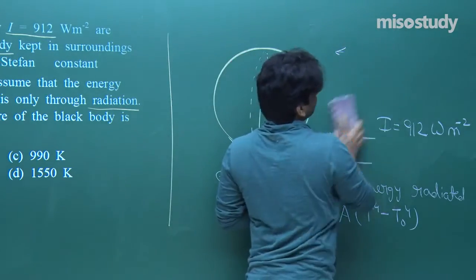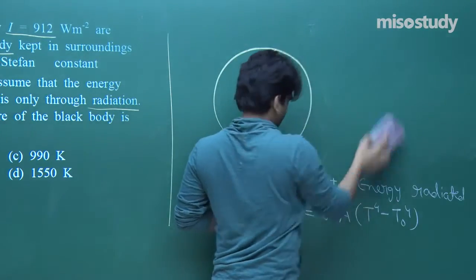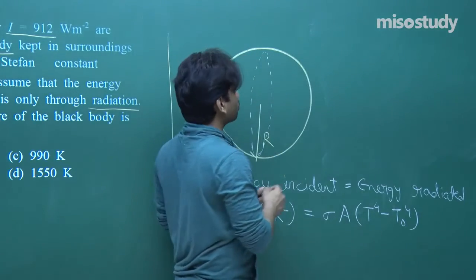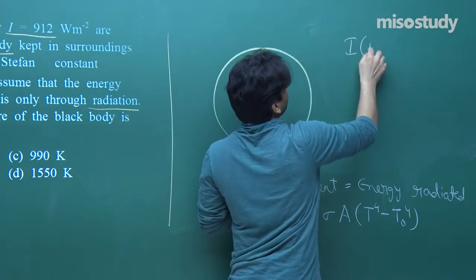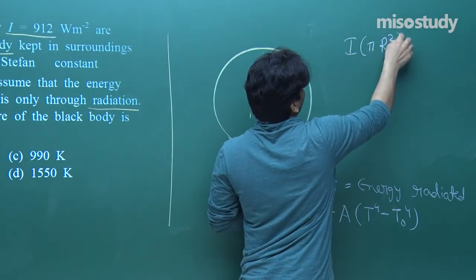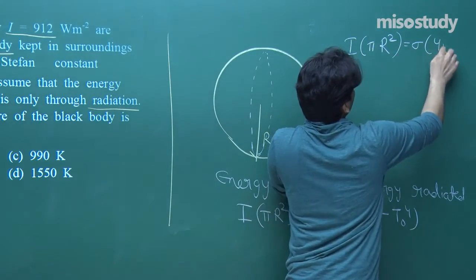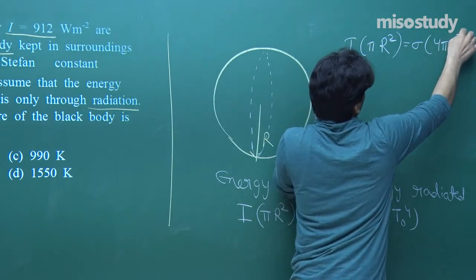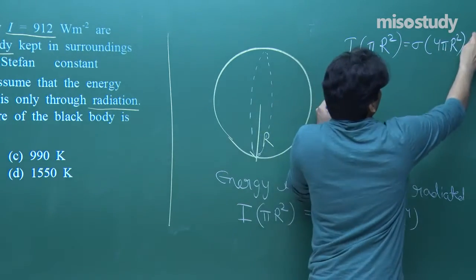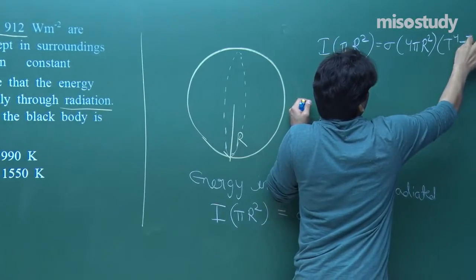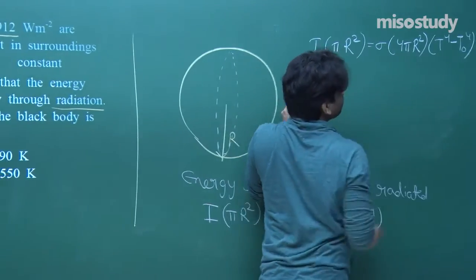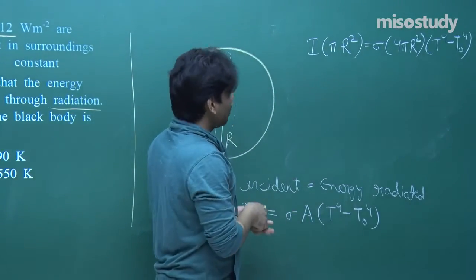Let me write here I into pi r square, which will be equal to sigma into 4 pi r square multiplied by T to the power 4 minus T naught to the power 4. From here, terms will be cancelled out.